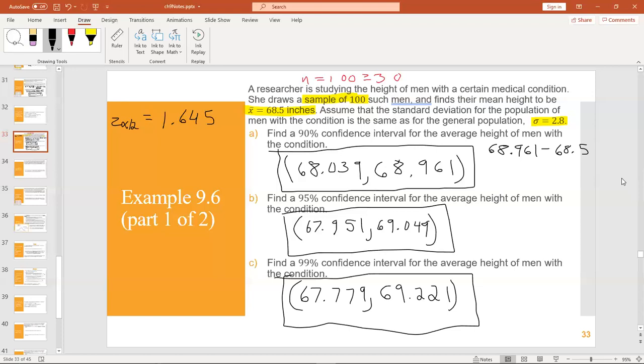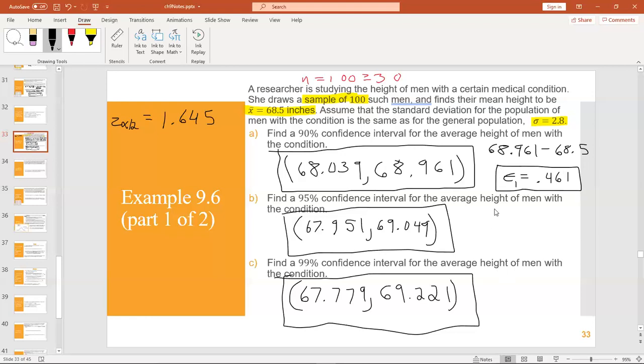So 68.961 minus 68.5. The error is 0.461. We'll call that error 1.